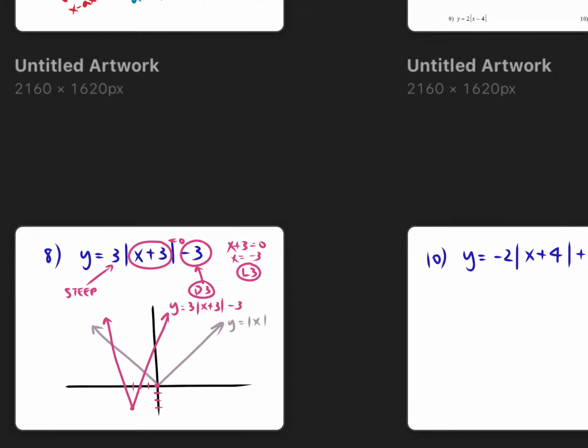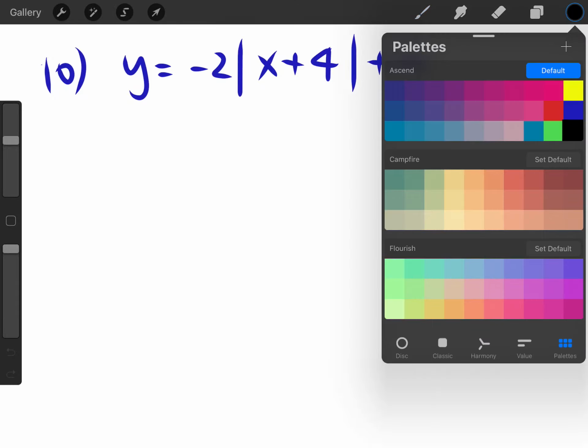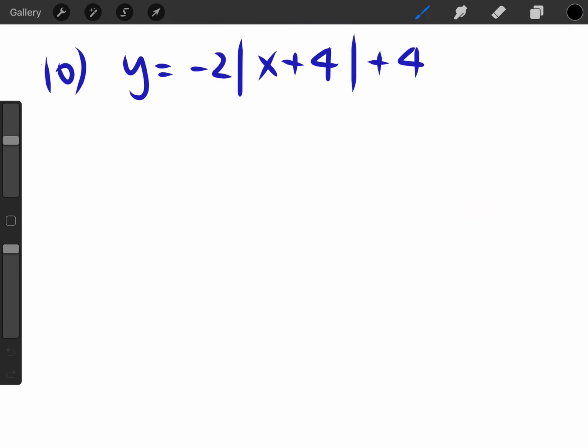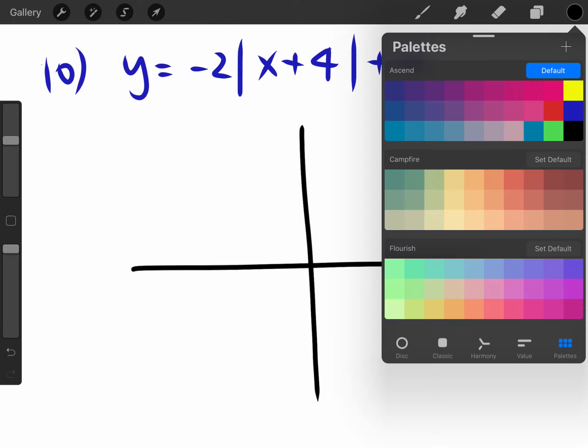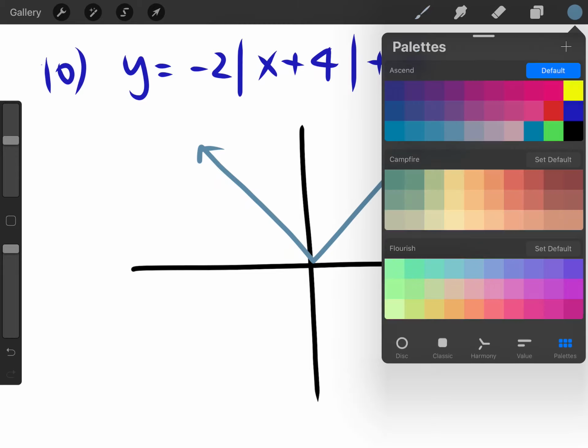All right, let's look at the last one. Can't wait to finish this one, huh? This time I'll have a good habit. Draw my parent function, y equals the absolute value of x. Now let's use red.